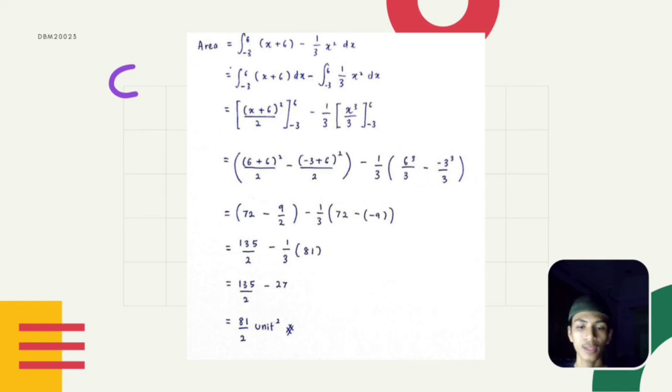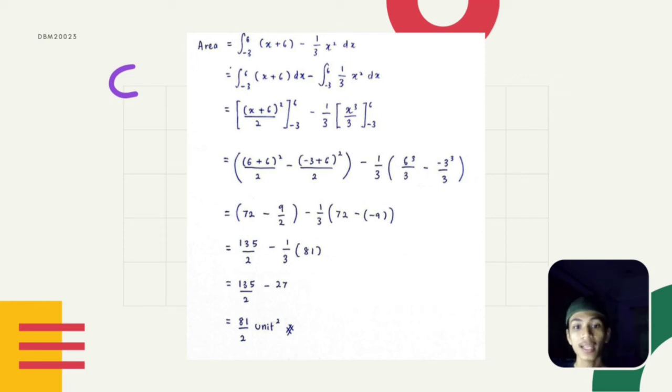Then we're going to separate both of those, and it's going to be the integral of x plus 6 from negative 3 to 6 dx, minus the integral of 1 over 3 x to the power of 2 from negative 3 to 6 dx. And then for the next step, we're going to use the formula of integration.